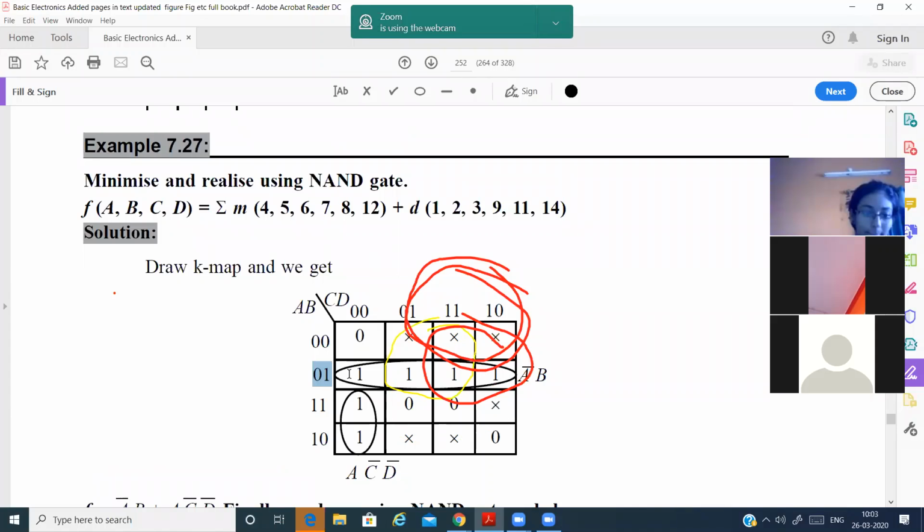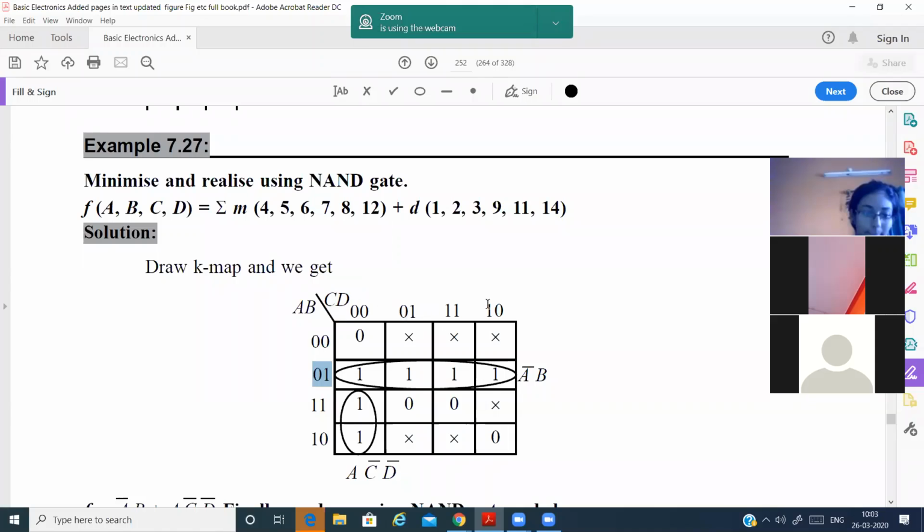Now here, this is our vertical, and the horizontal. Horizontally, you have this many values, so we cannot take any common. I will just jump to this value.